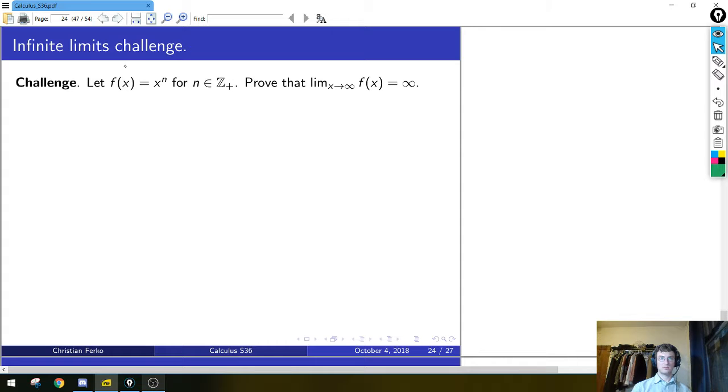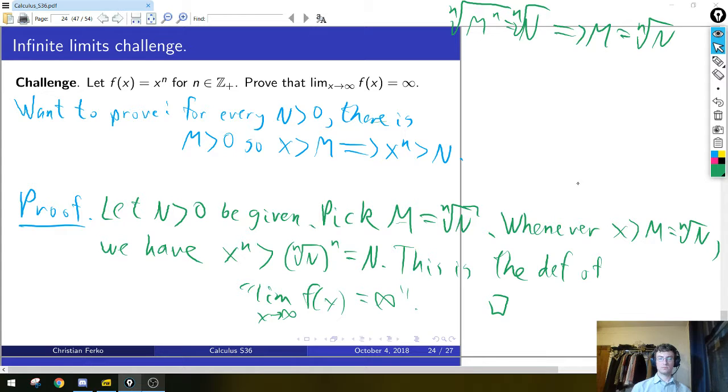I have no further. Actually, what would we do if there was a coefficient? Oh, good. Barely be changed? Yeah, so all we would do is say whenever x is greater than m, we would choose a different value of m, which is probably the nth root of n over a.